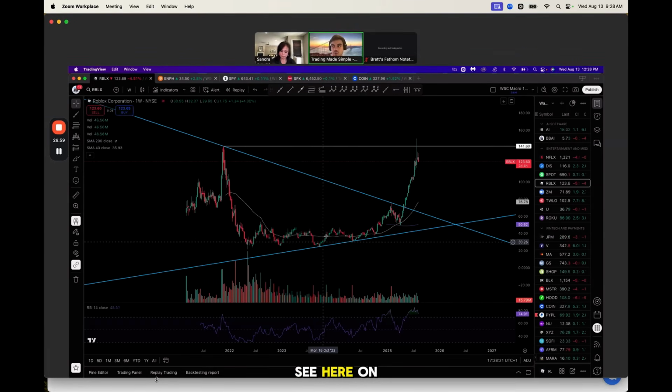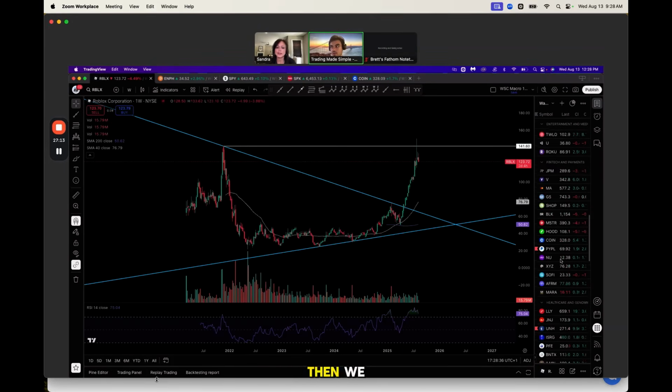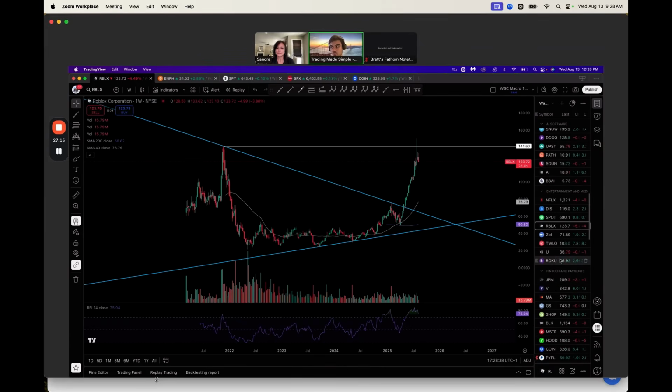What we see here in Roblox is a stage 1 accumulation, and here we start a stage 2 breakout. Wow. We can see a strong move like that. We can see it on many stocks. For example, let me show you one second, and then we get back to BABA so that we know what we're talking about. For example, Palantir.